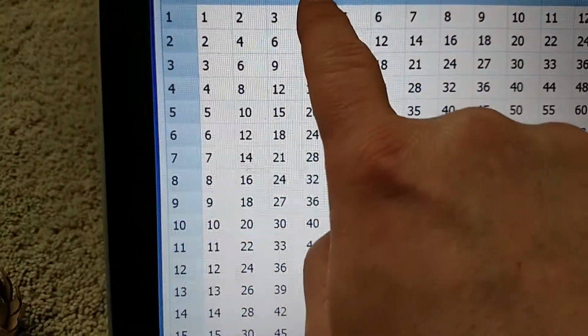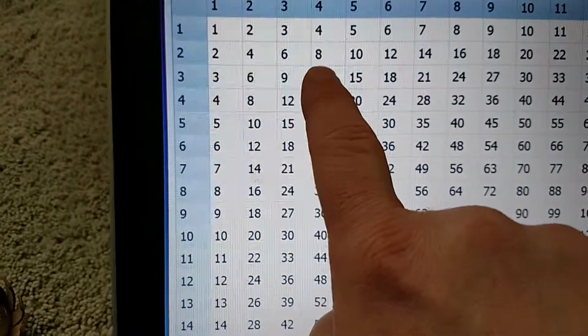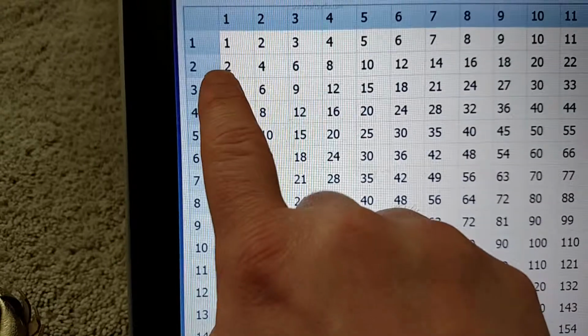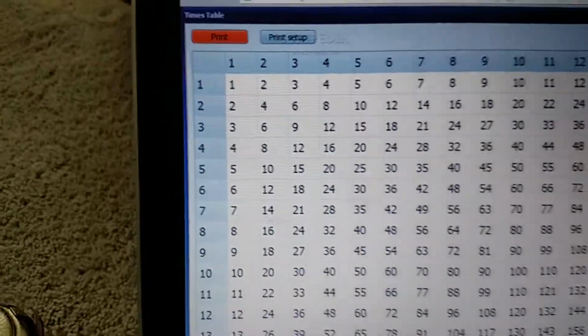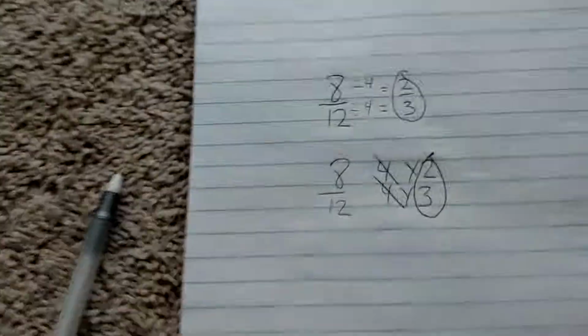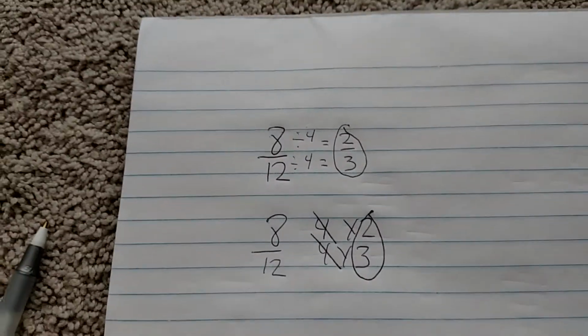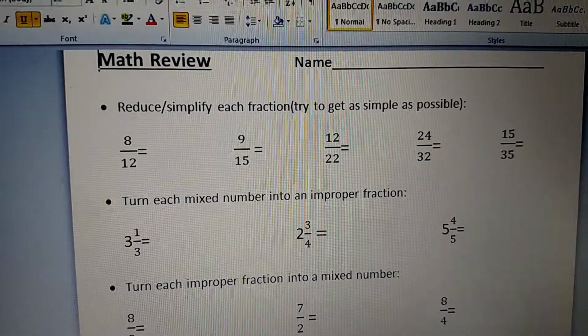A bigger one, though: if I went to these 4s, I see there's an 8 there and a 12 there. If I go all the way over, 8 goes to 2, 12 goes to 3, and 2/3 is a better one. So there are 3 different ways I've taught different kids to find equivalent fractions. Depending on your child, they could do any one of those ways for that first set of problems.